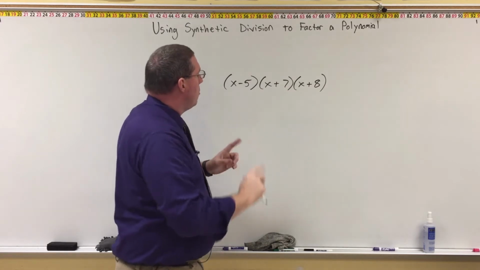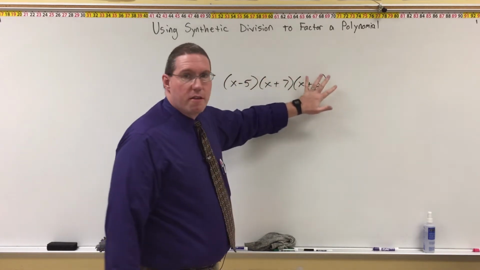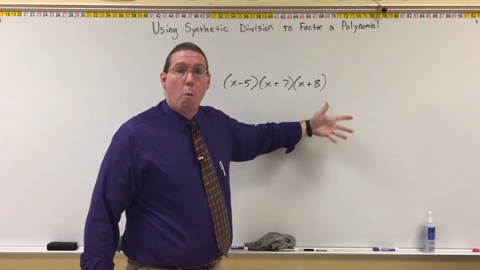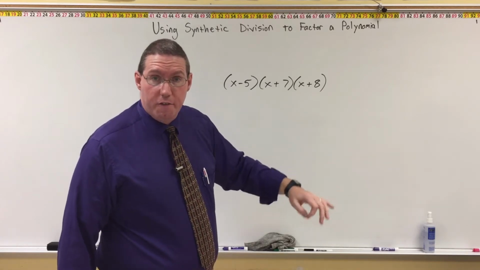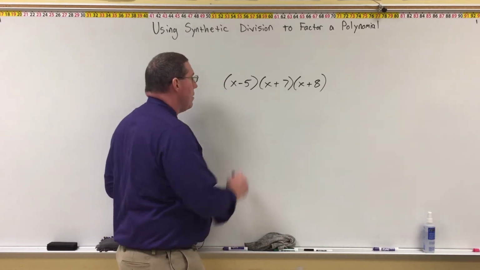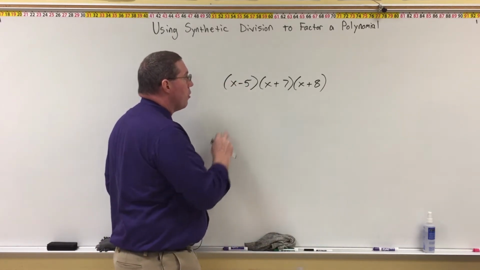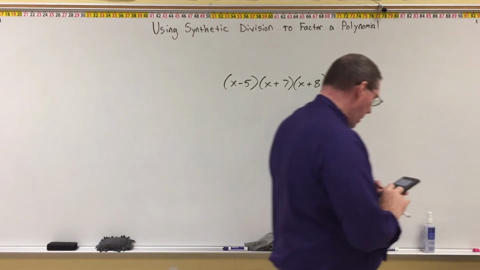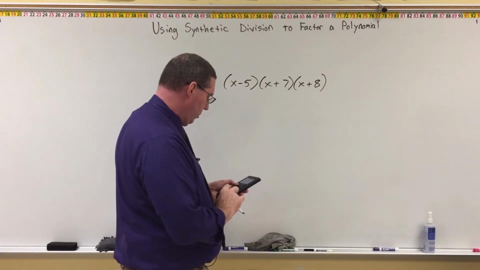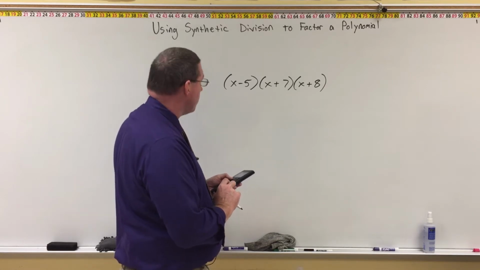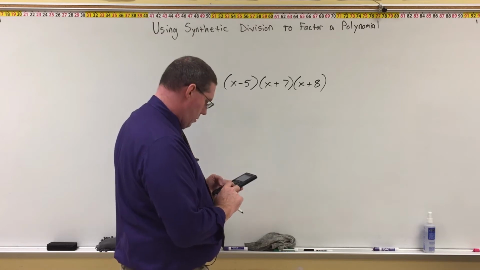So the problem is that if this is a polynomial that's all multiplied out, how could you factor that? Well, remember, one of the rules of synthetic division is that you can divide by a binomial that is 1x to the first power. So if this was multiplied out, in fact, let's go ahead and multiply it out right now. I have a calculator here that is capable of doing this pretty quickly. So we'll do x plus 8, x plus 7, and x minus 5.